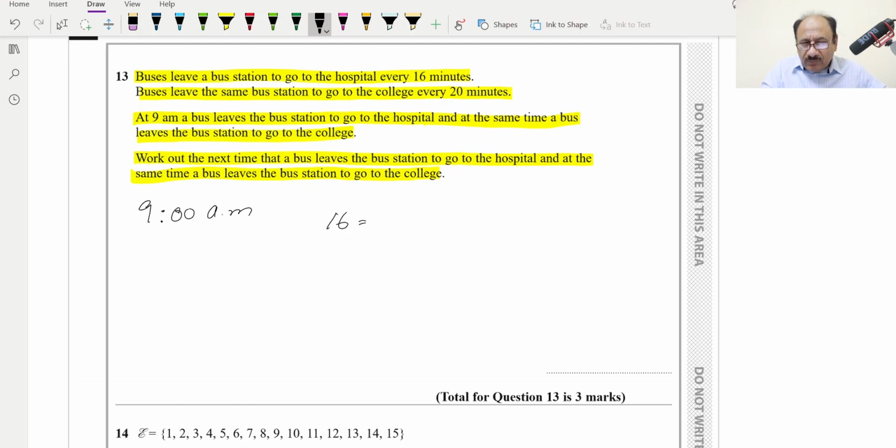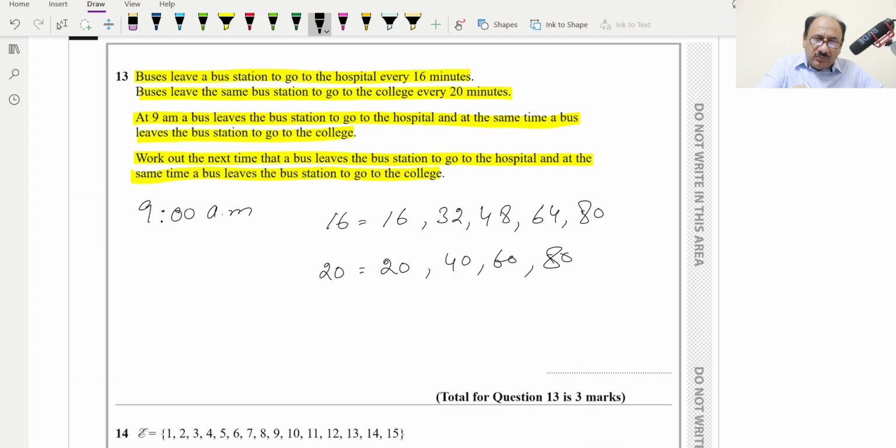So first bus will be 16 minutes, then 32 minutes and 48 minutes. So multiples of 16: 64 minutes, 80 minutes, and the bus leaves the same station to go to the college after 20 minutes. So multiples of 20 will be 20, then 40, then 60, and then 80, and we can figure out that 80 is coming in both.